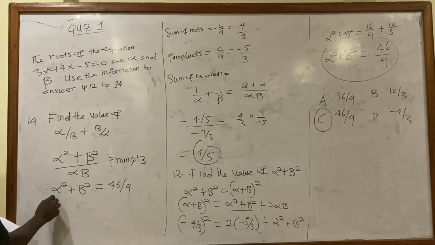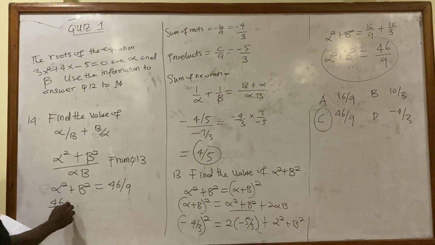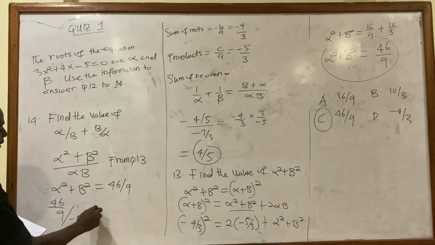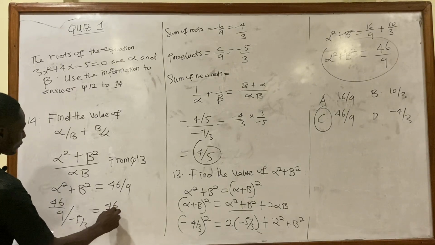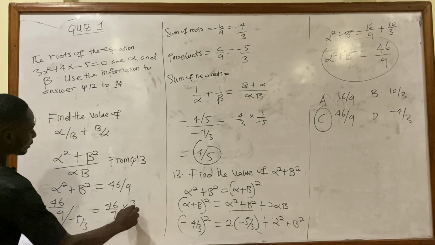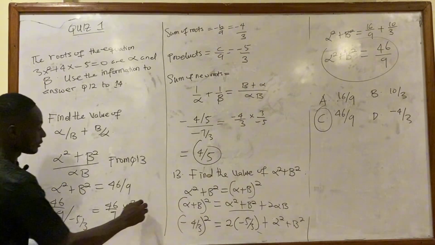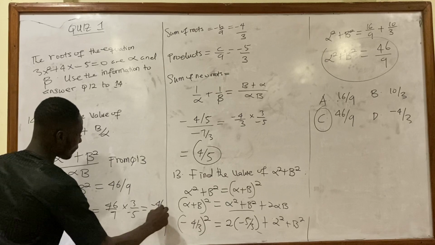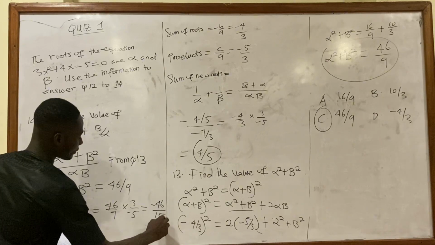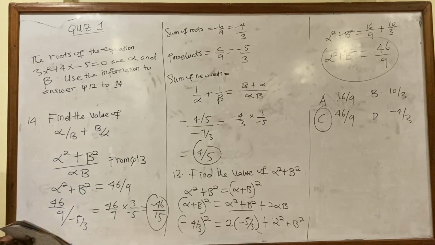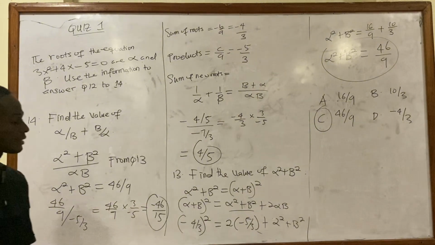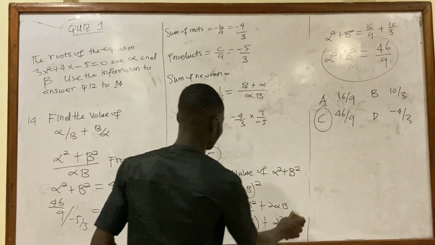So you have 46 over 9 all over alpha beta, which is minus 5 over 3, and this gives us 46 over 9 times 3 over minus 5, and this will finally yield minus 46 over 15. Alright, so this is basically the final answer for that.